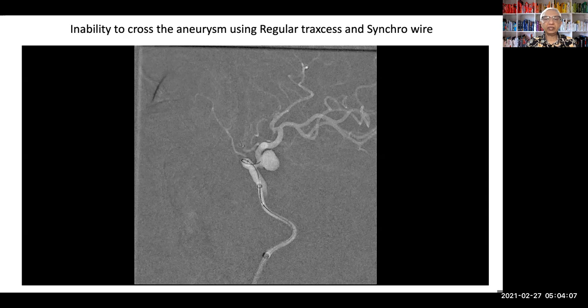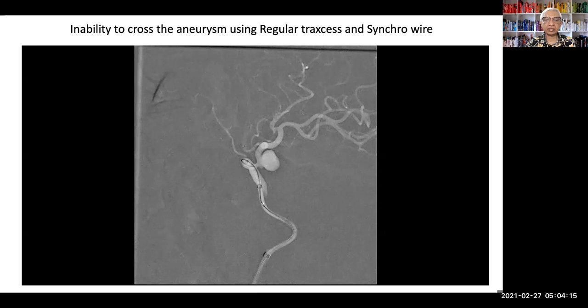But the problem we realized was it was very, very challenging or impossible to cross this segment. So what would happen is whatever curve we gave over here, it would either go into the aneurysm, or if it even went beyond it, it would just flip back into the aneurysmal sac.